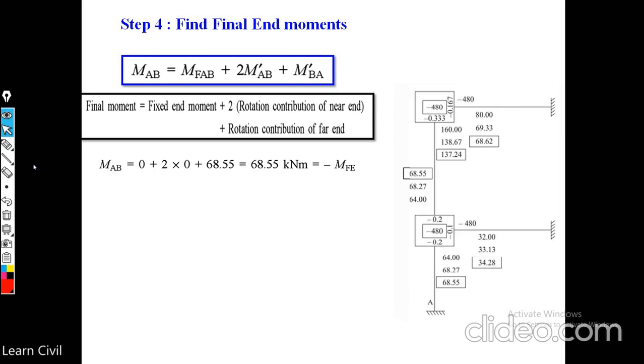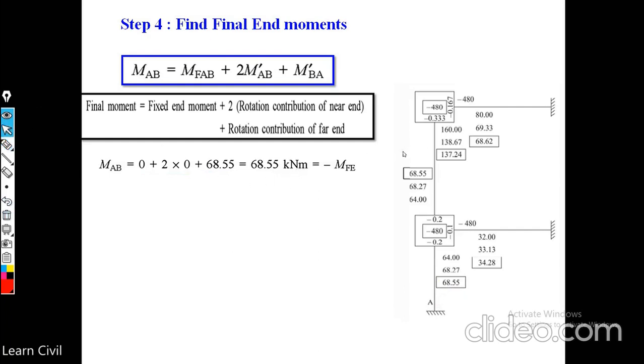So for MAB, the fixed end moment is 0 plus 2 into the rotation contribution at near end, which is 0, plus the rotation contribution at the far end. You can see here this is 68.55. So this will be equal to 68.55 kilonewton meter.